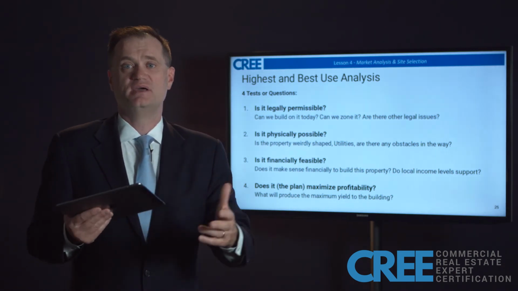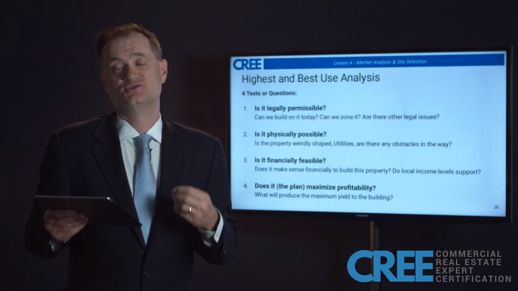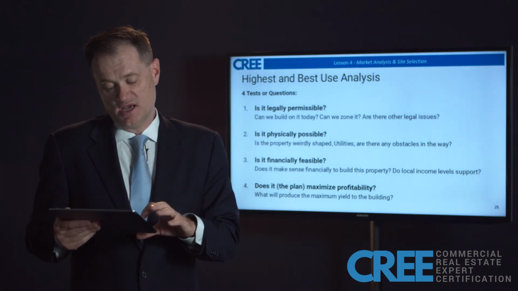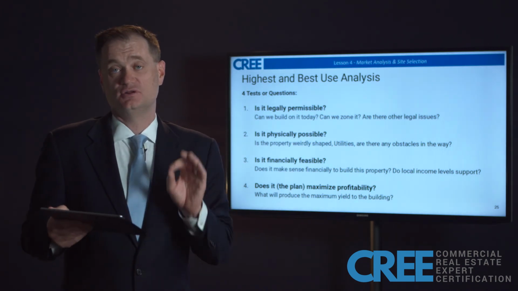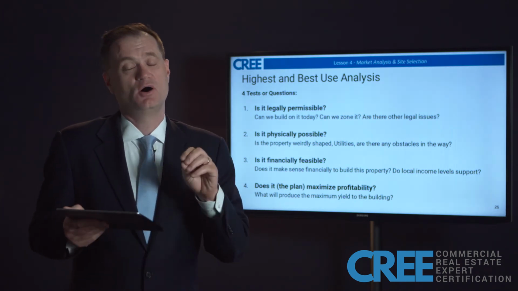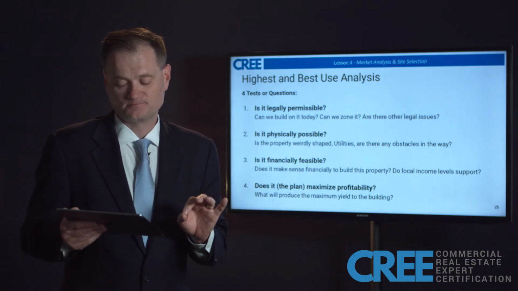So that would be the fully maximized plan to generate the most profit, the highest and best use of the property. So again, 4 tests for you to look at, specifically when you're looking at land, and also a good test to look at with existing buildings.